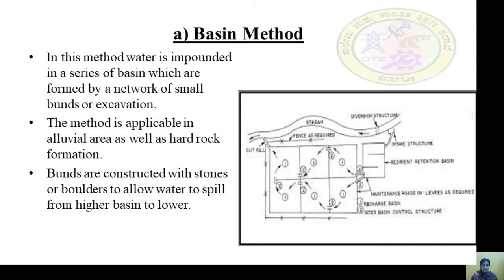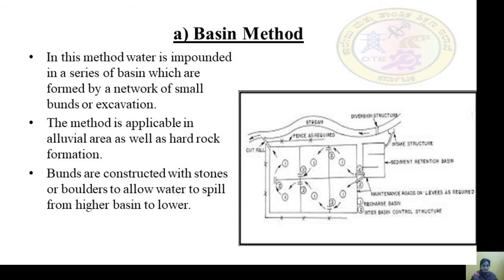The bunds are constructed with stones or boulders to allow water to spill from higher basin to lower basin. This is the second type of method, called the basin method.